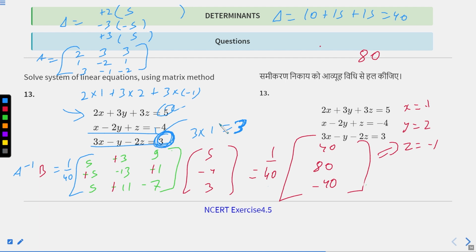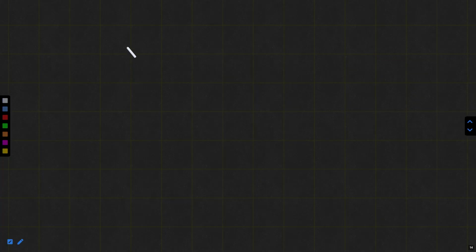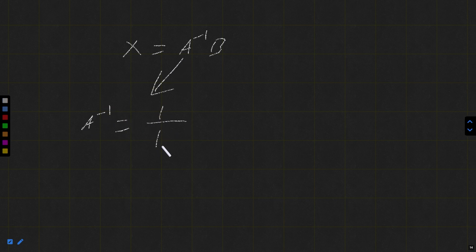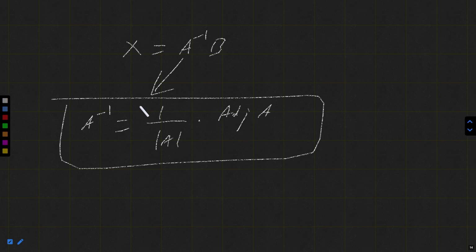As you can see, the main thing to solve the system of linear equations by using the matrix method, we just put x is equal to A inverse B. You are finding this inverse by using what? 1 by determinant of A multiplied with adjoint of A. I hope that you are getting the answers correct.